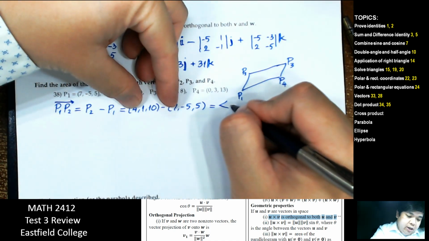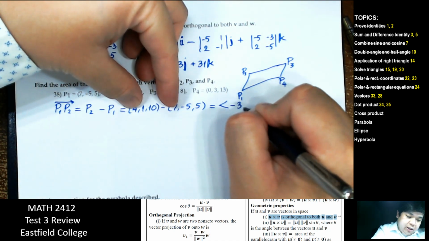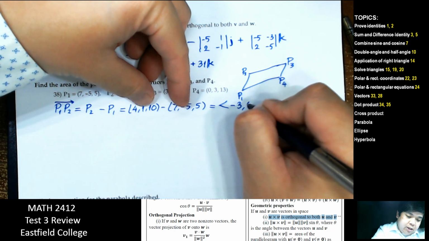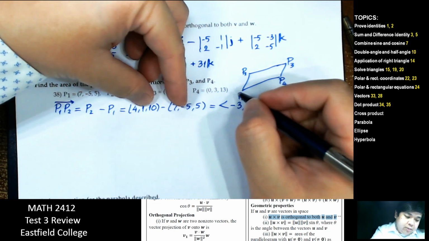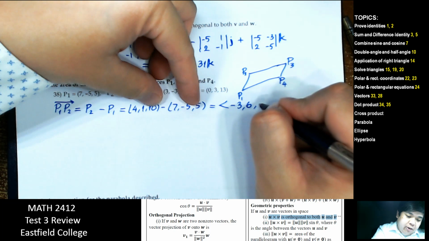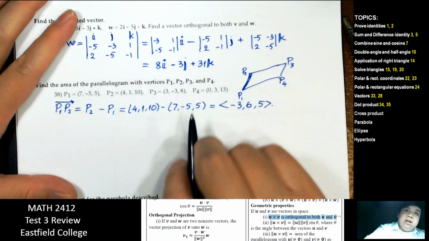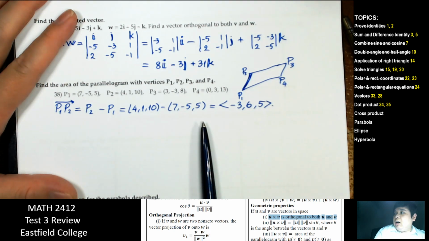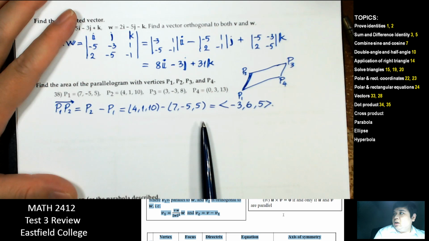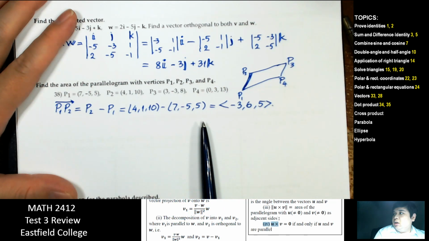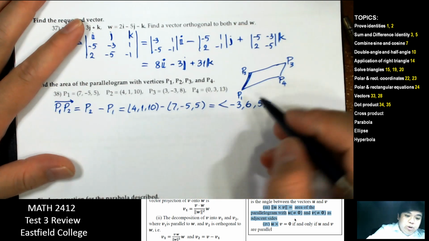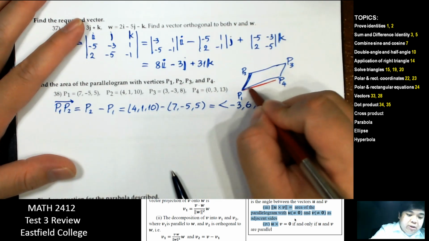So it will be -3, 6, and 5. Actually, we have one vector here, and we do have the formula for that.